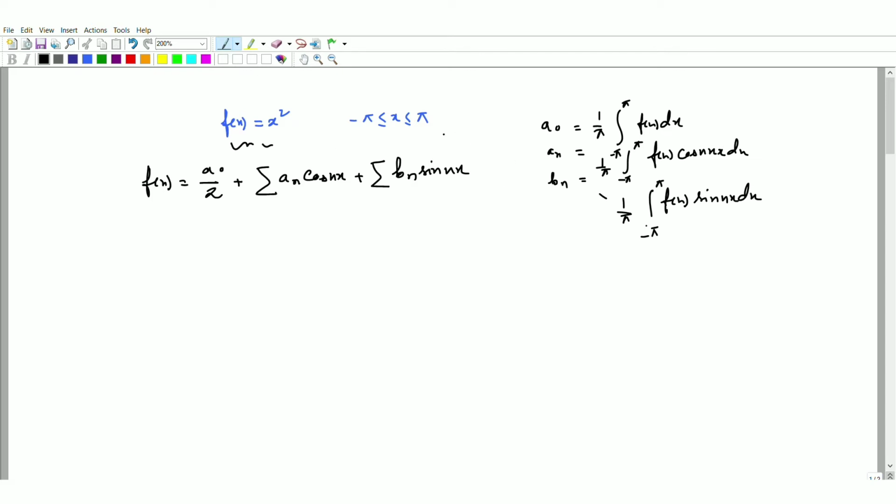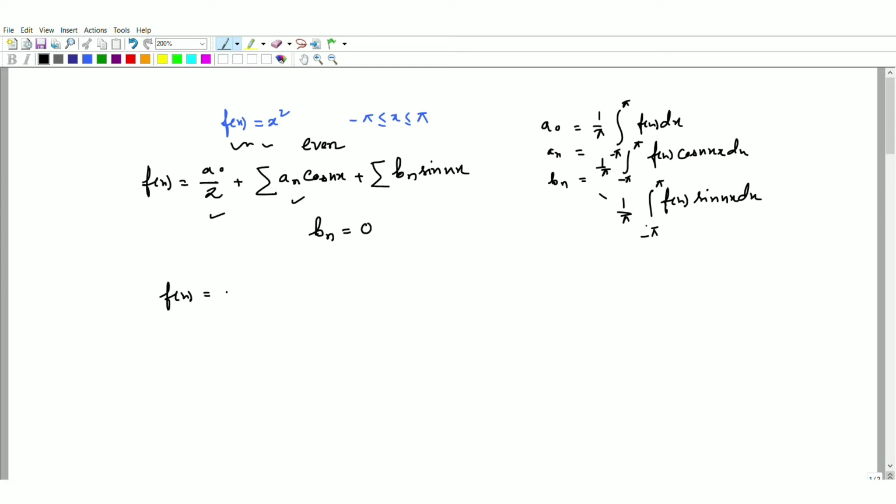Now, this is an even function. For an even function we know that the coefficient bn becomes 0, so we need not find this coefficient. If you find the coefficients a0 and an, then ultimately you will find the Fourier series. I will write down the final Fourier series expression here.